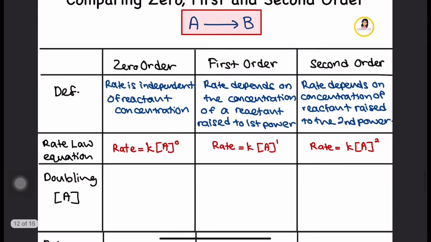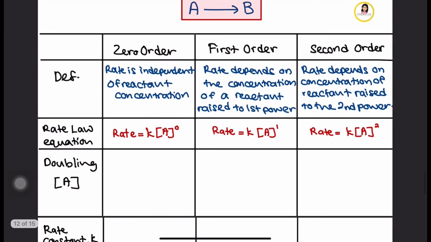Next, let's see what would happen if we double the concentration of A. So let's start by writing rate 1 will be k multiplied by A to the power of 0, and rate 2, which is a reaction whereby the concentration of A is doubled, can be written as this.